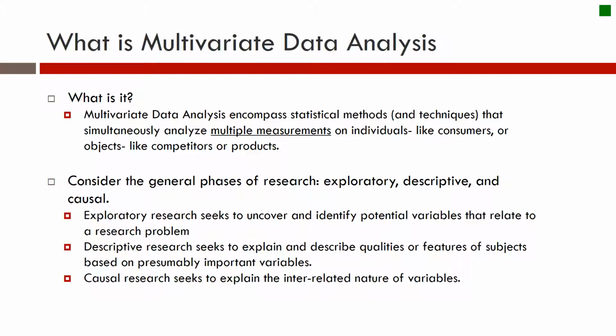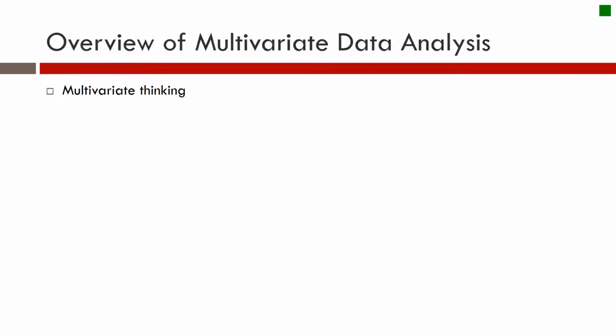And that's really where we get into multivariate analysis. The application of multivariate methods is really used in causal research when we want to prove or disprove relationships between variables, especially in a cause-effect type of environment.